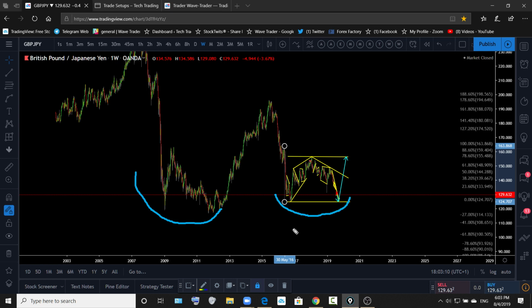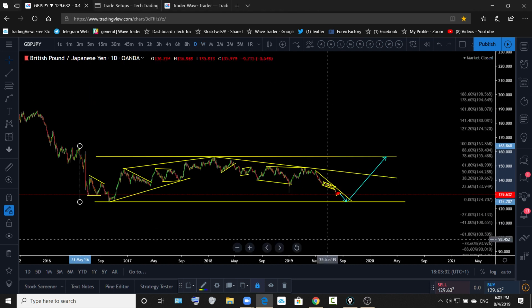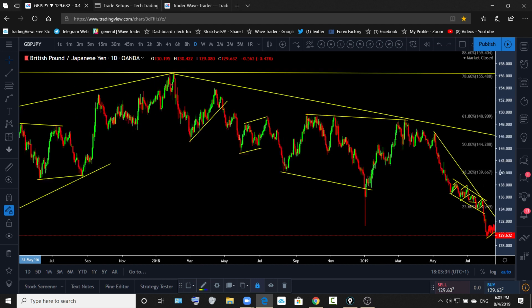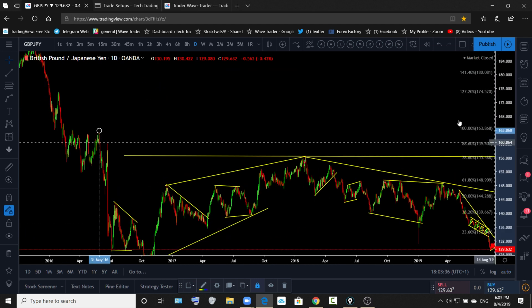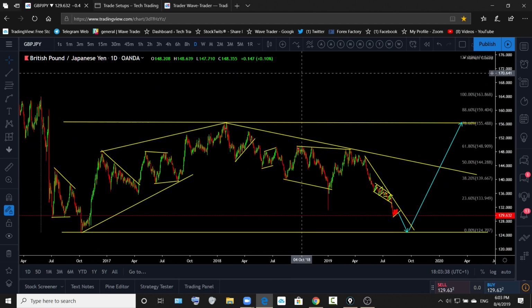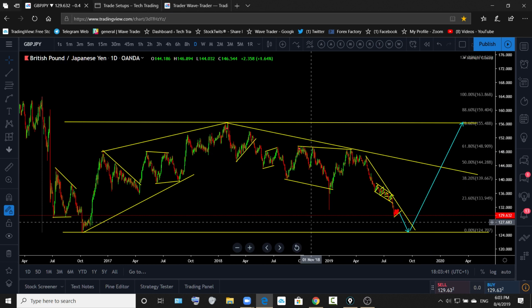One, two, and three are a double bottom, so one and two. So there is still short-term trend continuation on the pound yen, but our longer-term forecast is, as I said, bullish on the pound yen.